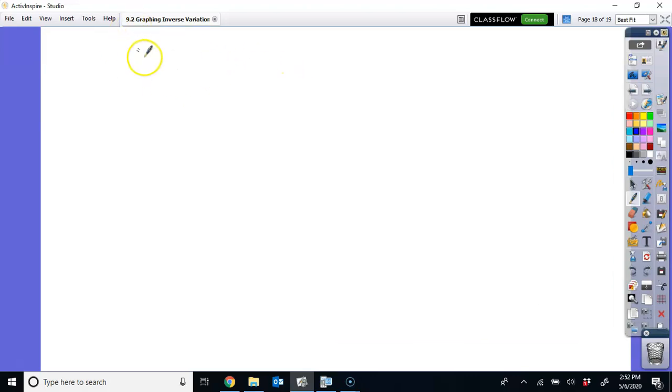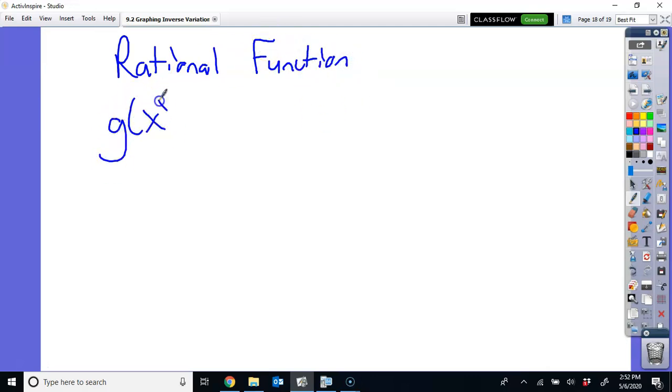A rational function. Wow, I can't write right now. Let's try that again. A rational function is a function that can be written as a ratio, or a function that essentially is one polynomial divided by another polynomial. But they can get really ugly.